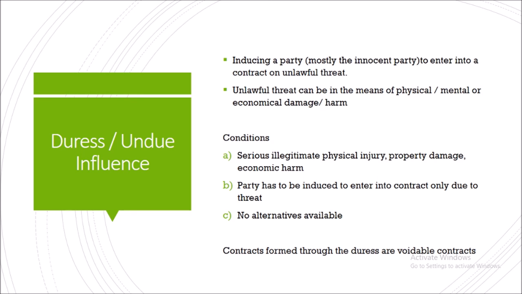There should be a physical injury, property damage, or economic harm, and the party has been induced to enter into a contract through an unlawful threat, or since there are no alternatives available, the contractual parties made that particular bond between them, right? So contracts formed through duress are voidable contracts, as with misrepresentation. Whatever contracts are made through duress, undue influence, or illegal or unlawful threat are known as voidable contracts, right?